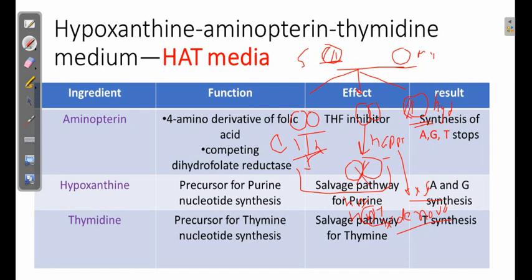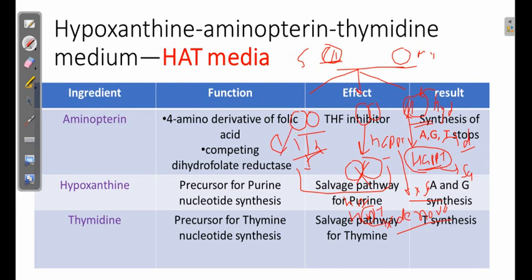So the only cell is one which has the spleen cell or beta cell, which can produce HGPRT, and is also having the myeloma cell. The myeloma cell will divide rapidly, and whenever they divide, whatever DNA they require, these cells are going to synthesize by using the salvage pathway.